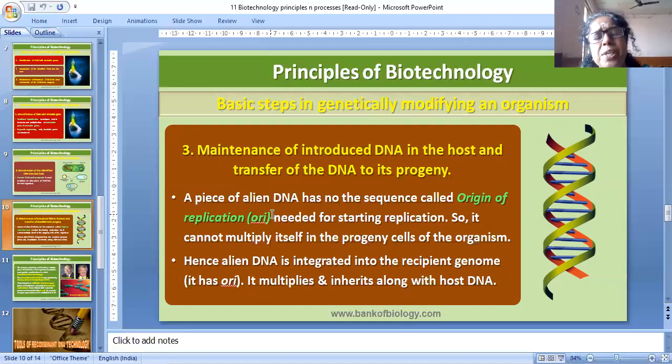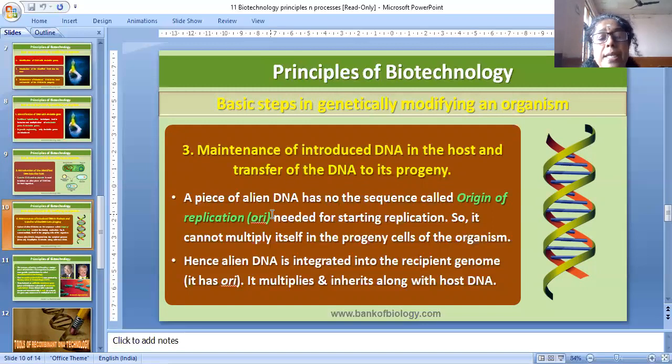Otherwise, we might think: why is this alien DNA not directly introduced into any organism and multiplied? The reason is that this alien DNA containing the desirable genes does not have an origin of replication, so it cannot multiply itself. Only DNA having an origin of replication can multiply in number, so it cannot multiply in the progeny cells of the organism.